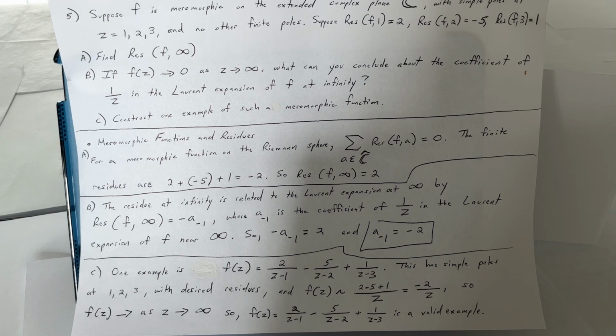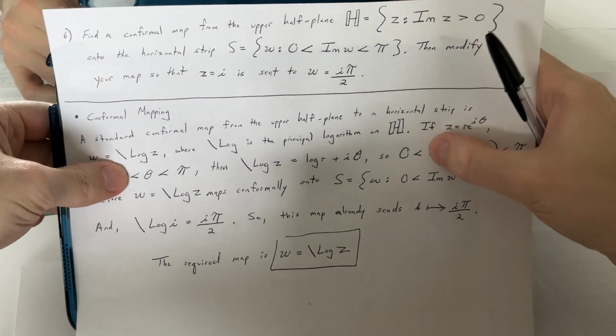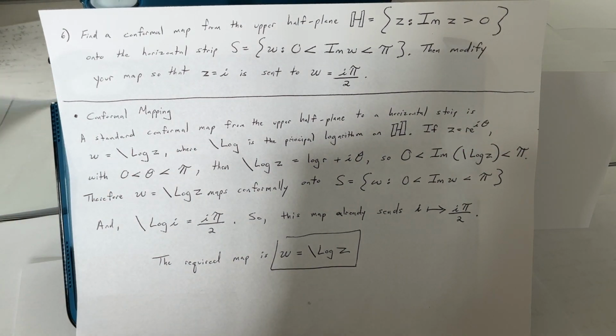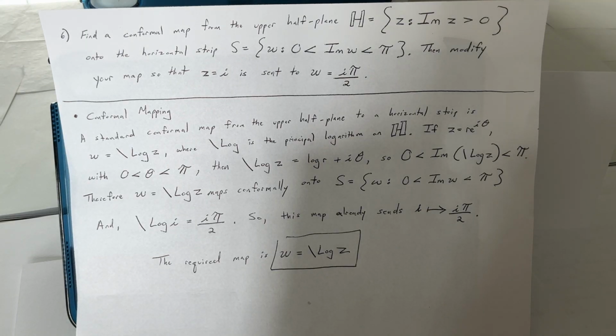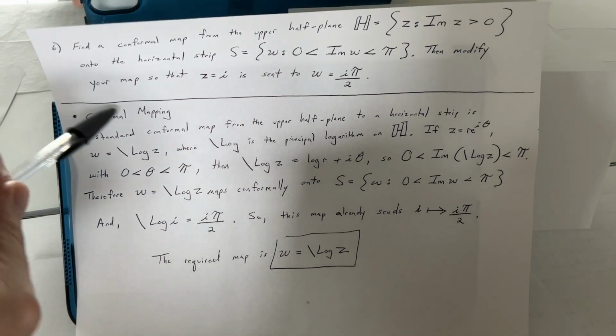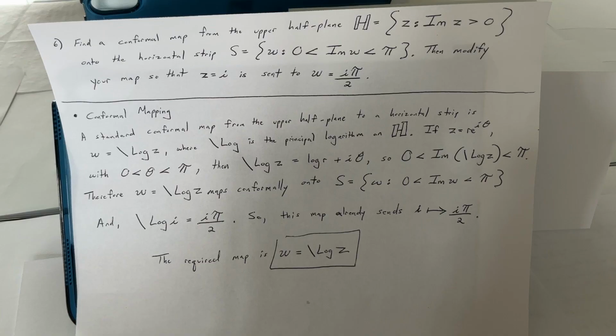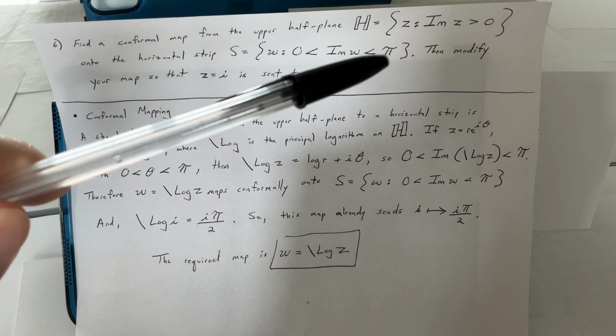Okay, and now moving along to number 6. We want to find the conformal map from the upper half plane, where H equals the set of z such that the imaginary part of z is greater than 0, onto the horizontal strip S, the set of w such that 0 is less than the imaginary part of w is less than pi.